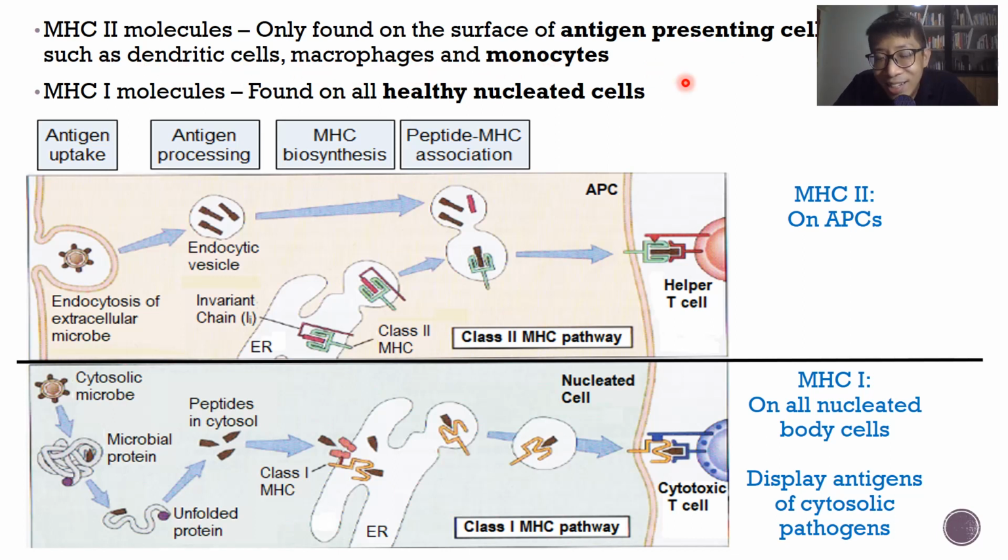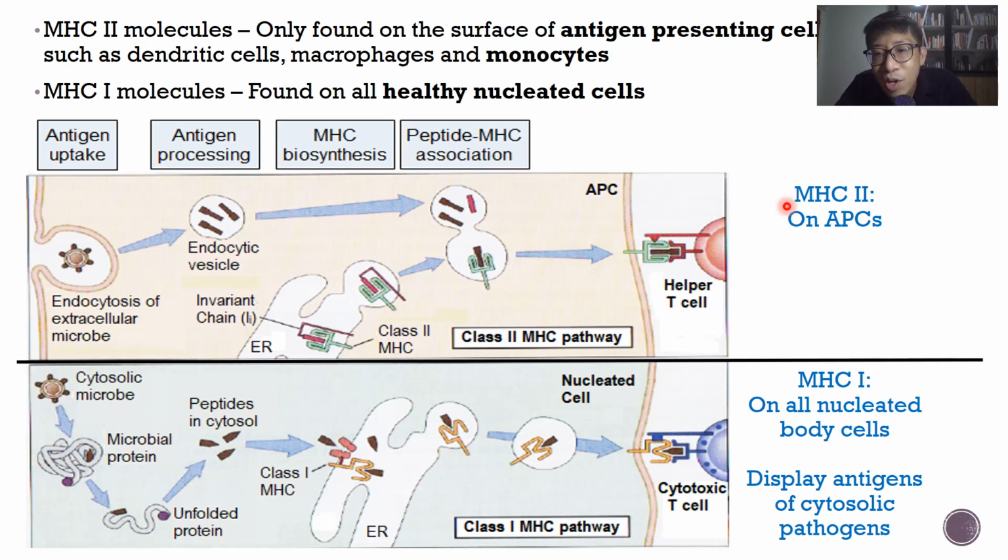And there is another kind of MHC molecule known as MHC class 1 molecules, and these are expressed in all our healthy nucleated cells, with a nucleus, so not red blood cells, but all the other cells would have MHC class 1 molecules on the cell surface.